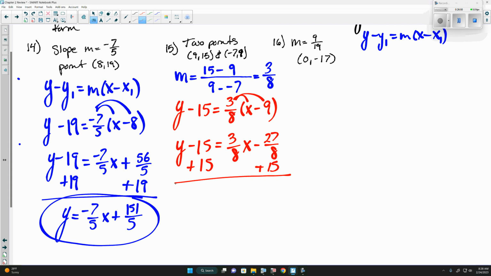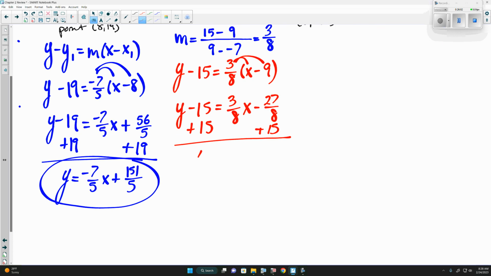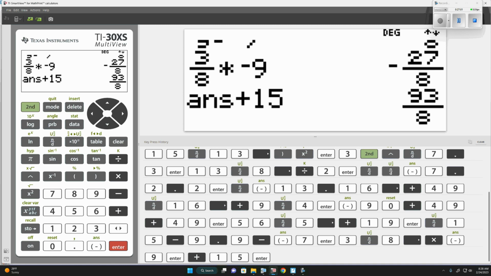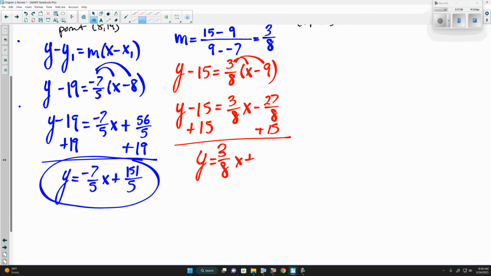Then lastly, we will add 15 to both sides, telling us y is equal to 3/8 x plus 93/8. And that there is the equation of the line. Any questions on any of this here?